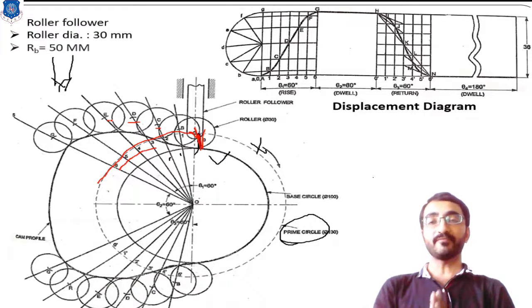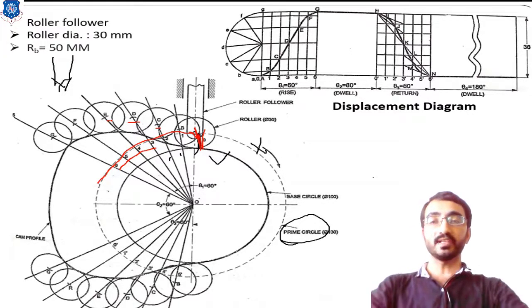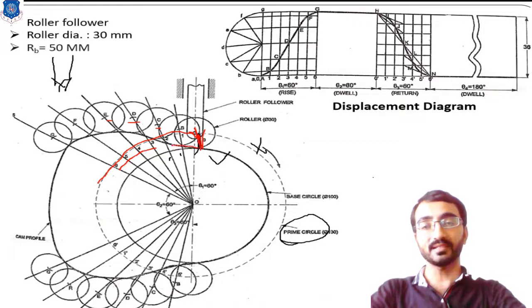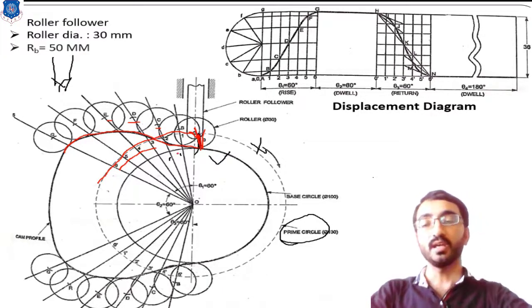After getting the A, B, C, D, E points, you have to plot a roller on each by keeping that point as your center point, and that will give you the roller. At the end, you need to connect the tangent line, or simply a line which is passing through each and every circle at the bottom point. So in this way, we can sketch the cam profile for the roller follower. Okay, thank you.